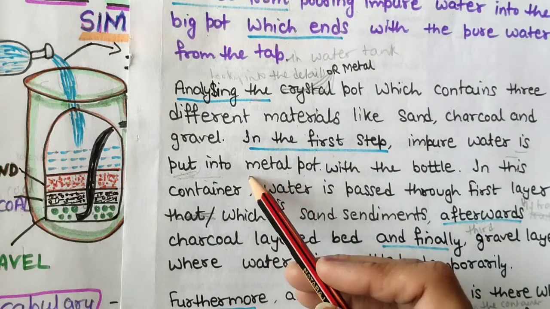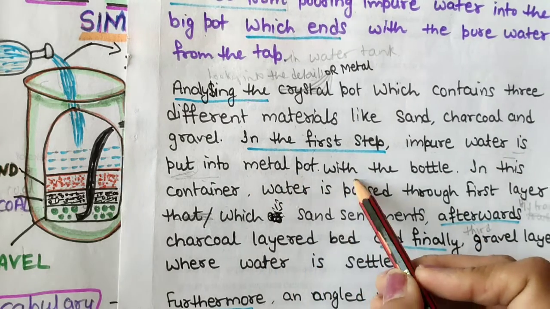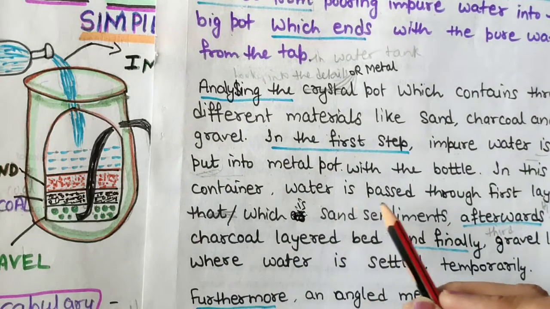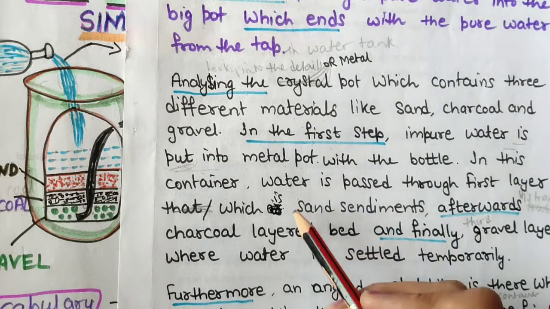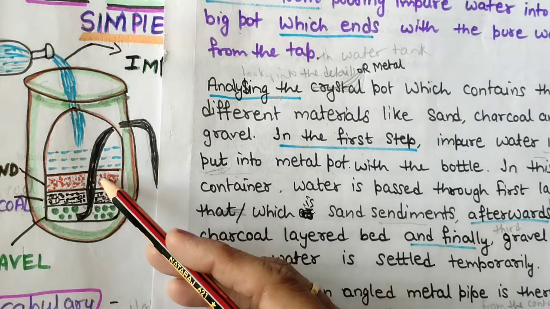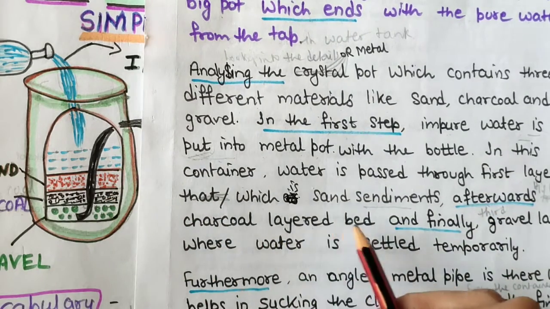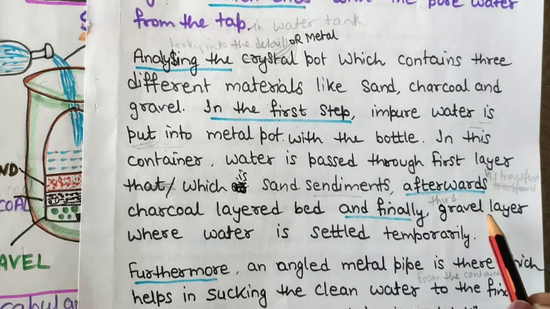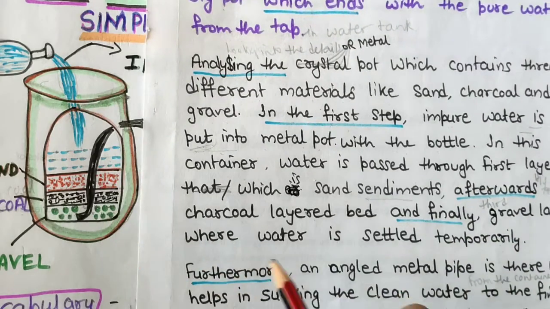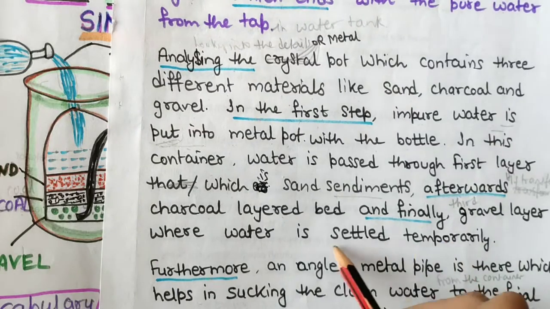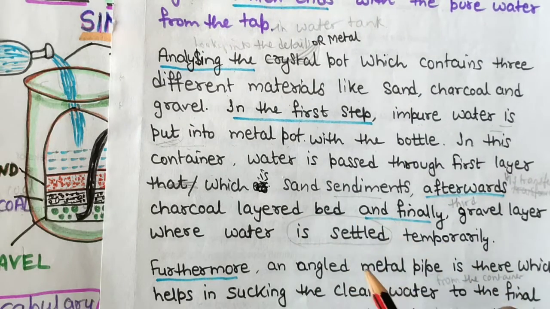Impure water is put into the metal pot with the bottle. In this container, water is passed through the first layer, which is sand sediment. Afterwards, the charcoal layered bed, and finally the third, the gravel layer. This is the gravel layer where water is settled temporarily. See, this is passive voice.